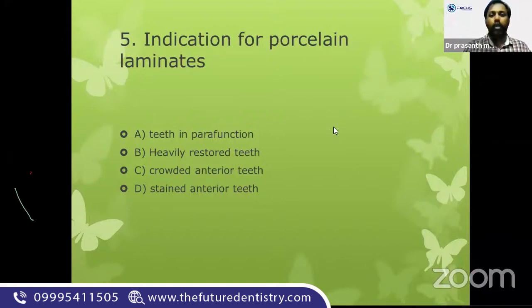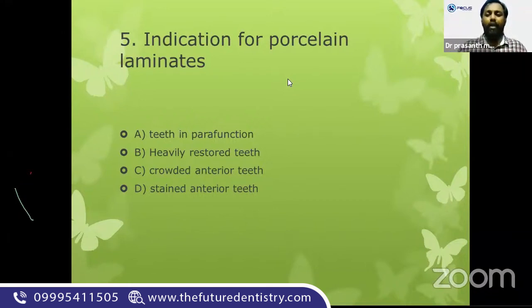Mild crowding means if you have slightly overlapped incisors, you can over prepare that portion and correct it with veneers. It depends upon the severity. If you have a slight proclination of only one incisor, you can correct it.